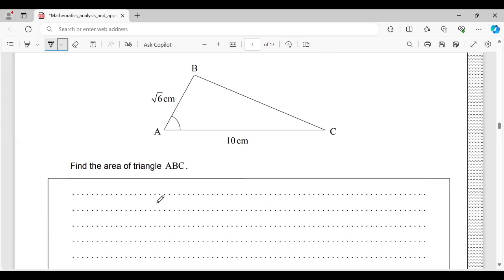The first step, cosine BAC is 1/5. So we have to find sine BAC, right? So it means cosine squared BAC is 1/5 squared equals 1 over 25.